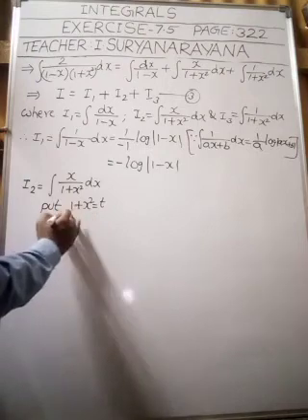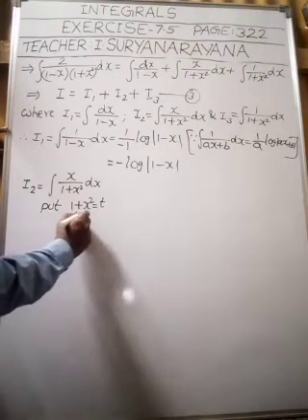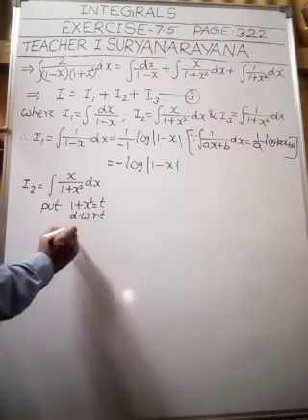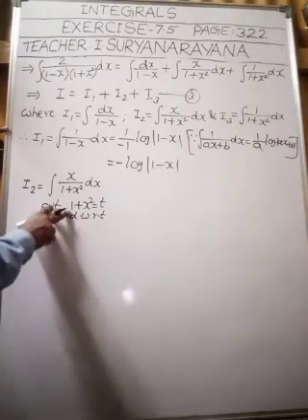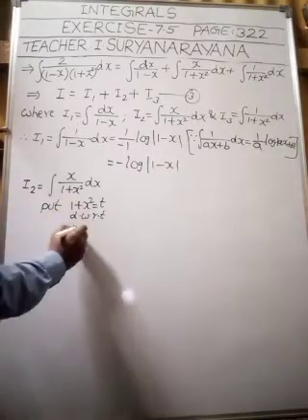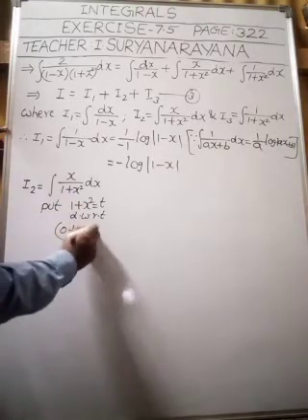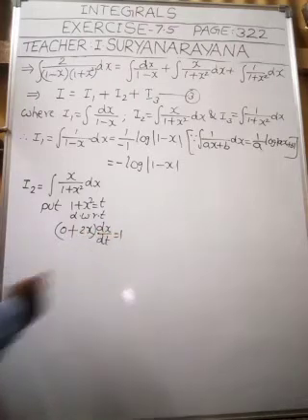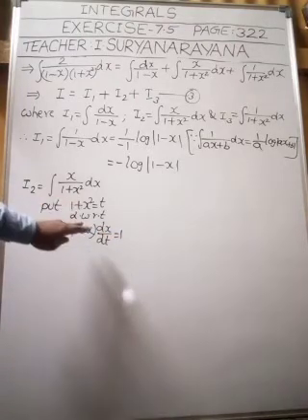Then differentiating with respect to t: the derivative of 1 is 0, plus the derivative of x square is 2x, into dx by dt, is equal to 1.